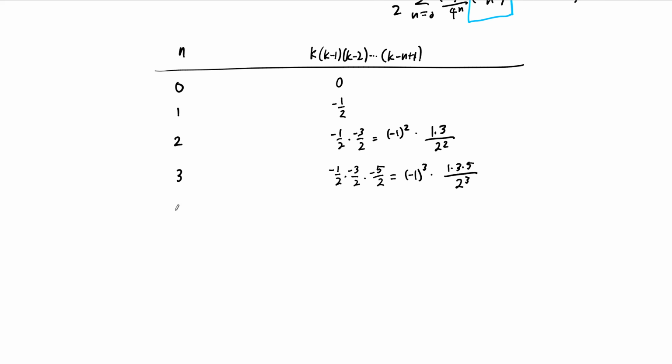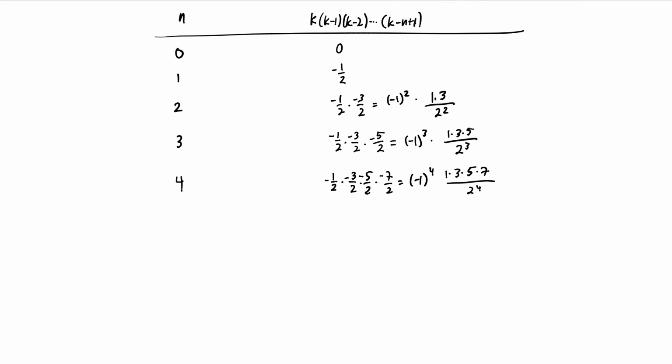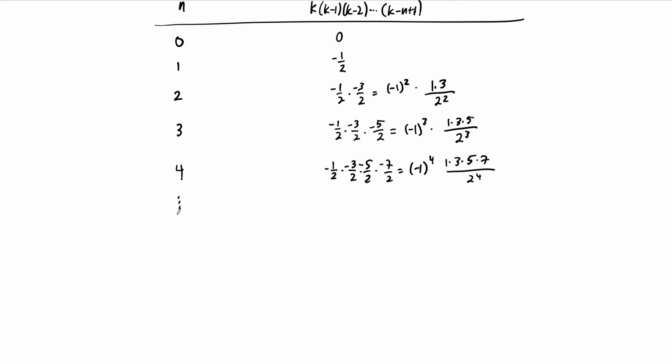Can we write it down yet? Maybe. Let's write one more time here. Negative 1/2, negative 3/2, negative 5/2 times negative 7/2. This is negative 1 to the fourth times 1 times 3 times 5 times 7 all over 2 to the fourth. And now we can start to make our hypothesis here.